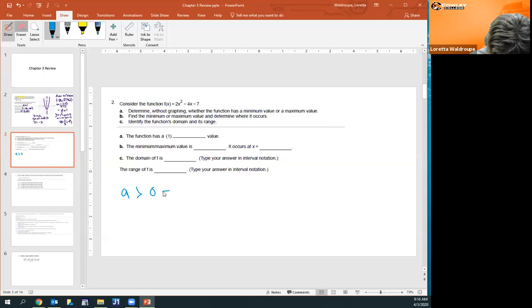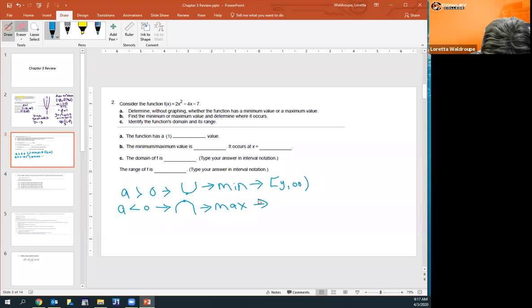If A is greater than 0, okay, that means the parabola opens up and you have a minimum, okay? And your range is going to be your y value to positive infinity. If A is less than 0, the graph opens down. You have a maximum, and your range is negative infinity, again, to your y value.